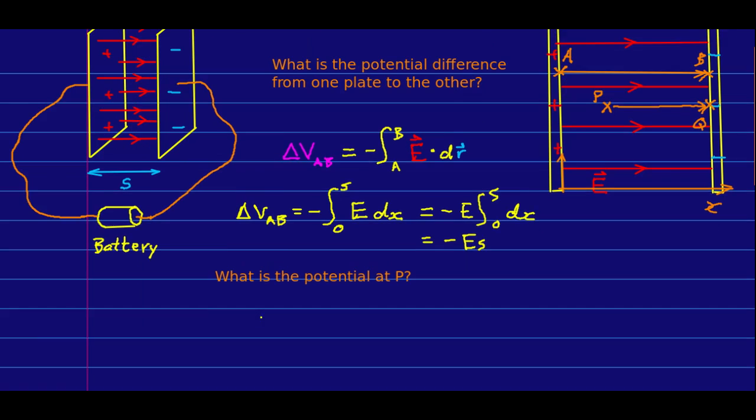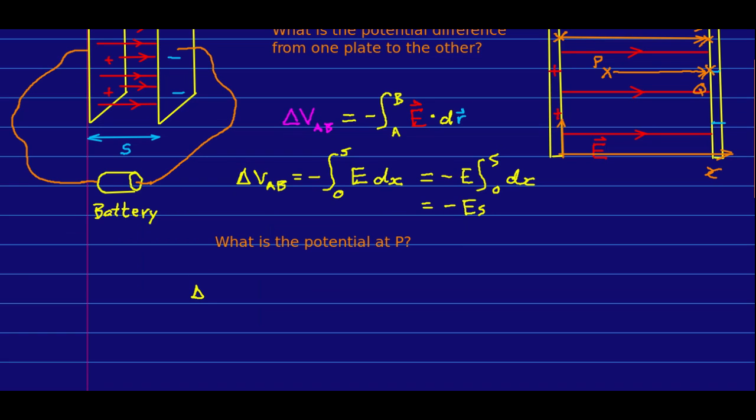And so now, again, I can say my delta V from P to Q is going to play out in exactly the same way.